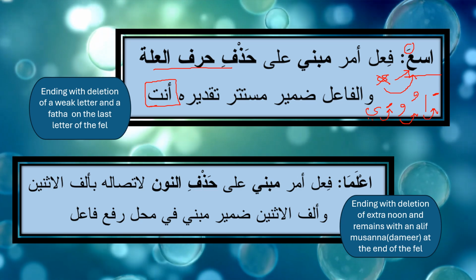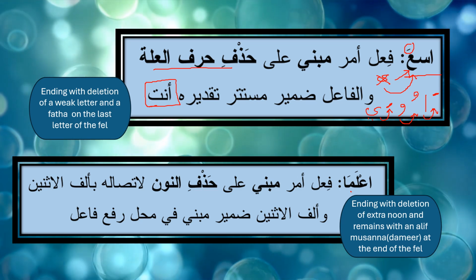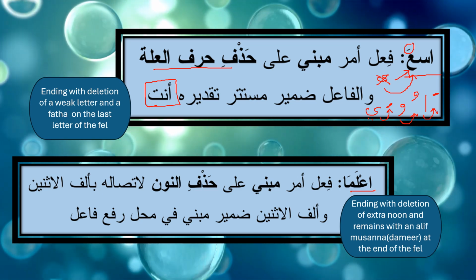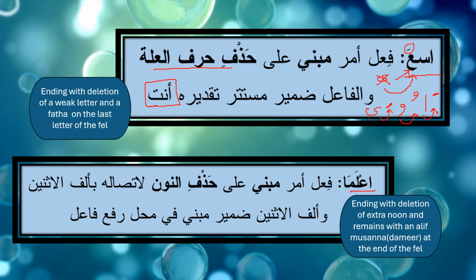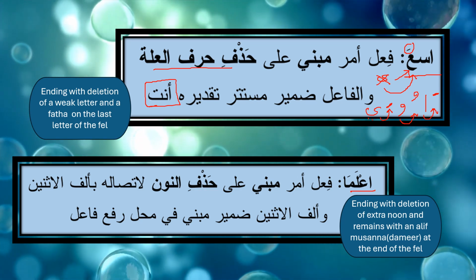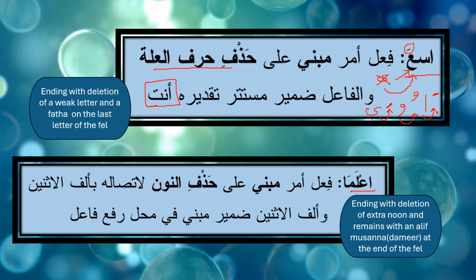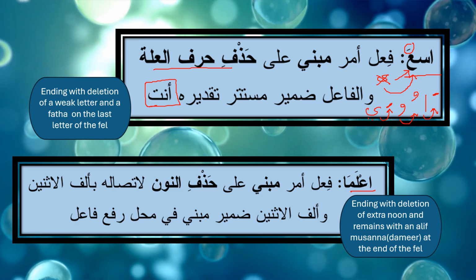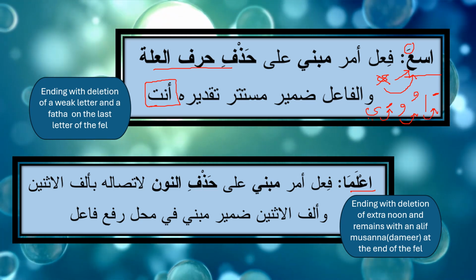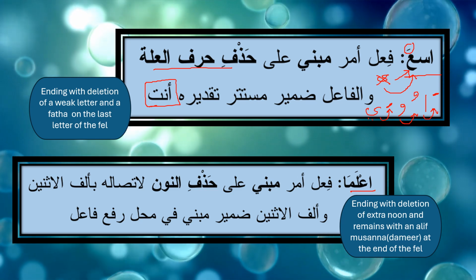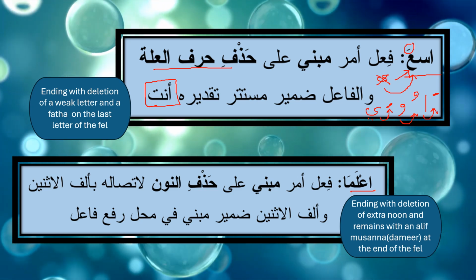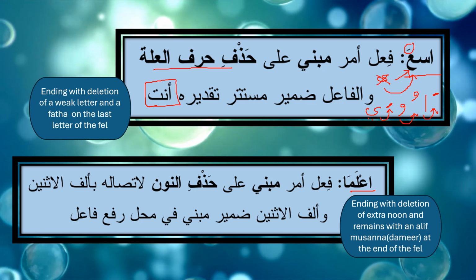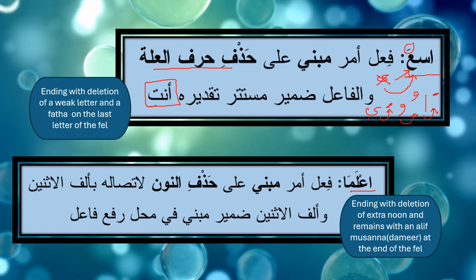Now, when a fi'l comes from the af'al al-khamsa, remember I told you in af'al al-khamsa there is an extra noon. So whenever you do anything, this extra noon always gets deleted, removed. So when any fi'l, for example, here we have i'lama, this is an example of a command for two people.